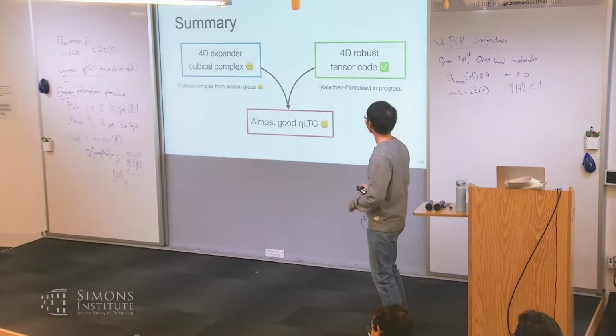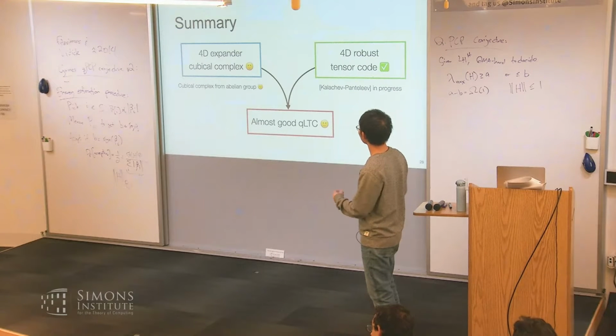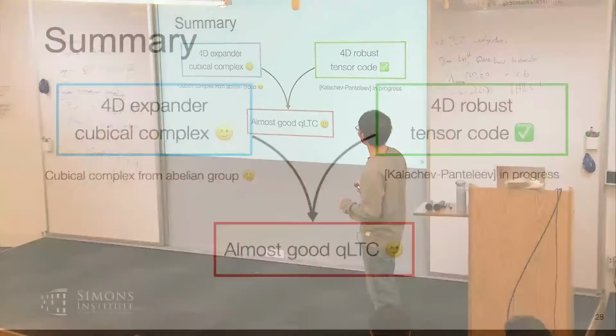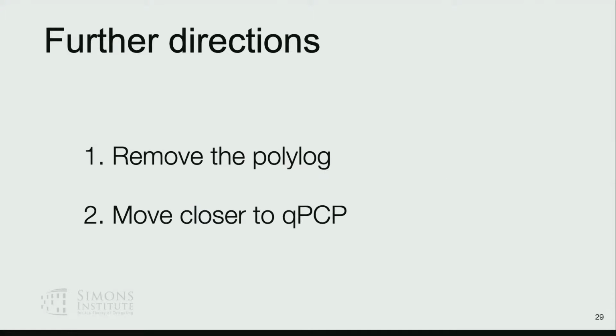Okay, so the conclusion. Just to summarize, our construction is based on this 4D cubical complex and the 4D tensor code. And we can show that together they give you these almost good quantum LTCs. For the future direction, a natural one is to try to remove these polylog factors, which I'll say more on in the next slide.